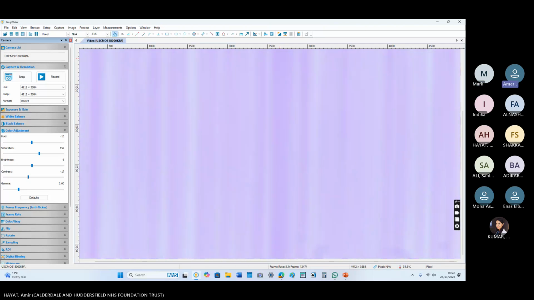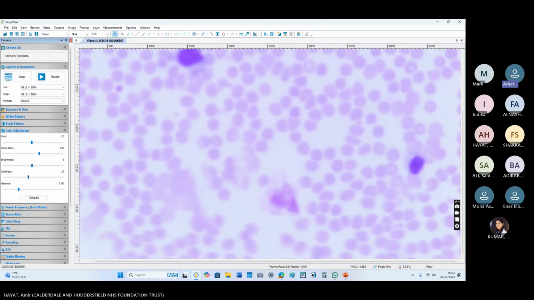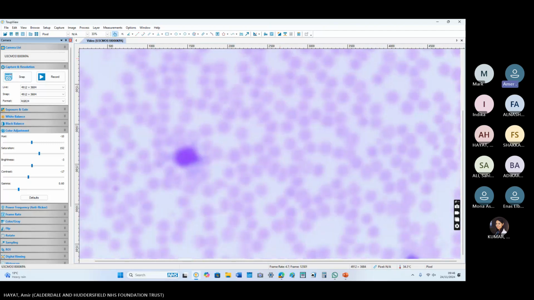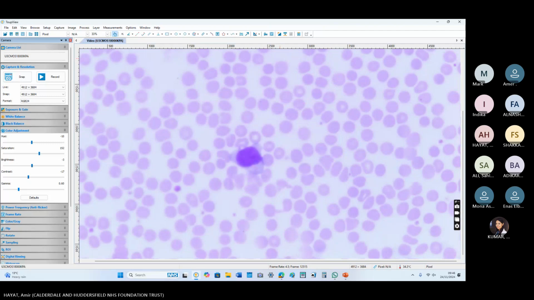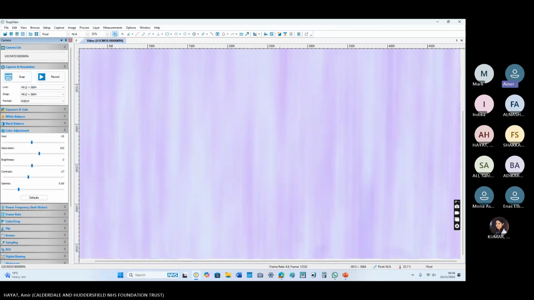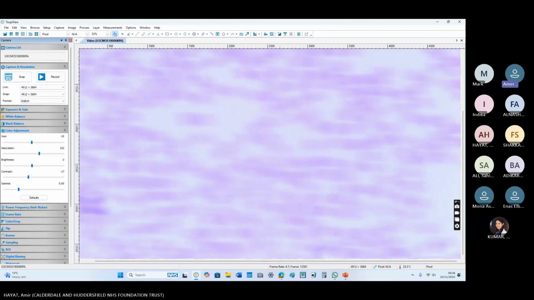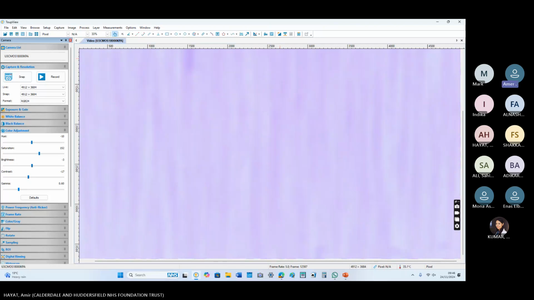Maybe this is it. I think this is the biggest cell up till now. There is no other bigger than this cell.